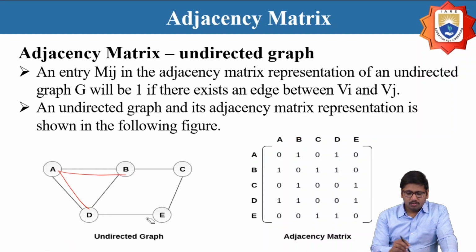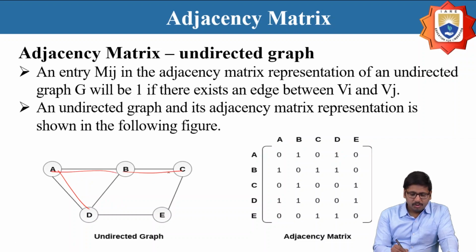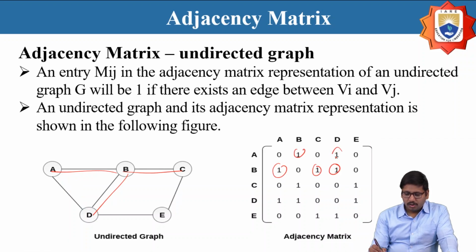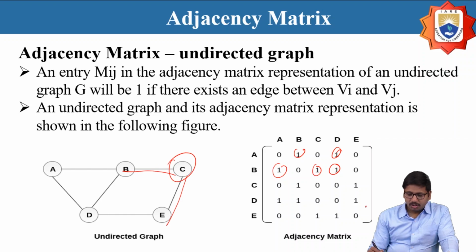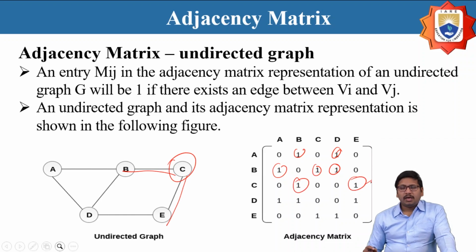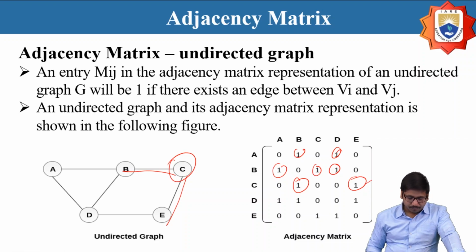Next, if I'm going to consider B here, B to A, B to C, and B to D are there. So that's why I'm going to represent B to A, C, and D as 1, and the remaining should all be 0. If I'm going to consider C here, I have an edge from C to E and C to B, so C to B and C to E are going to be present. So like this, we are going to be filling the values in the adjacency matrix.